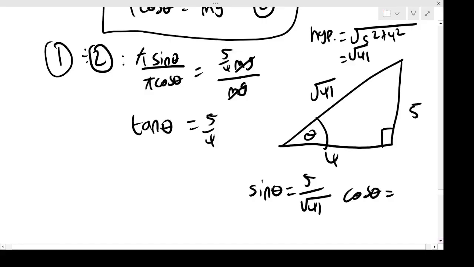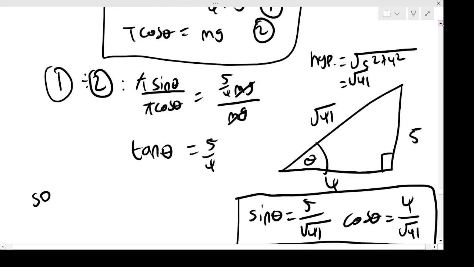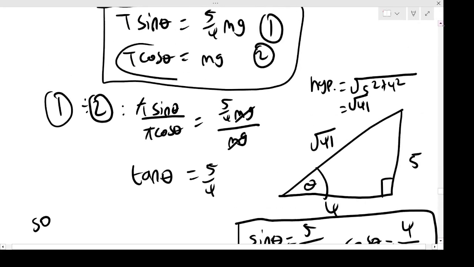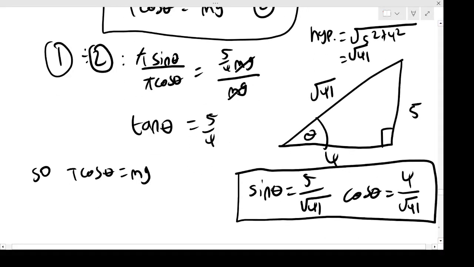And cos is going to be 4/root 41, the adjacent over the hypotenuse. So we've got exact values. Nice. So now we can deduce. Let's stick with this second equation here: T cos theta is mg, but we know what cos theta is. We know that cos theta is 4/root 41.